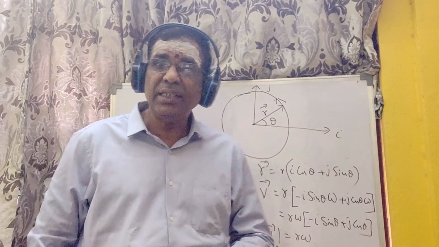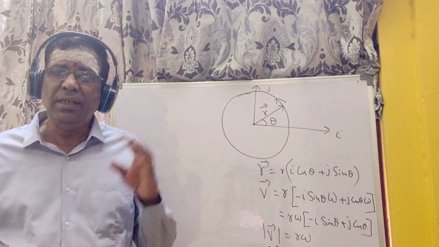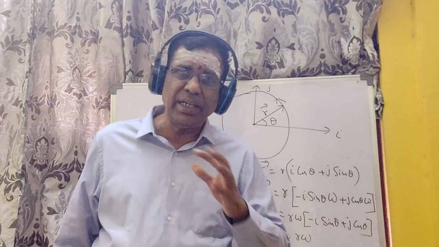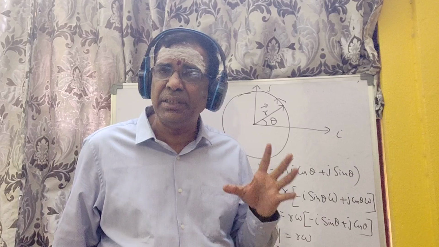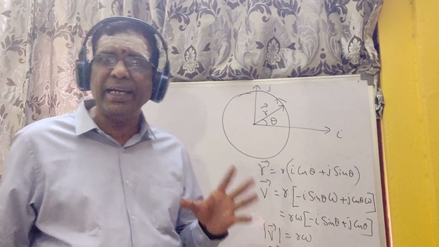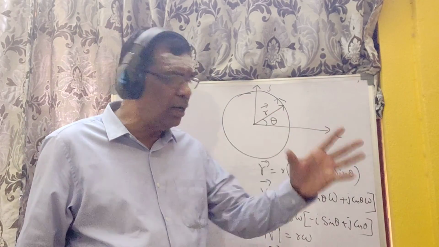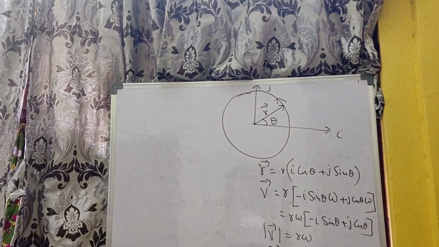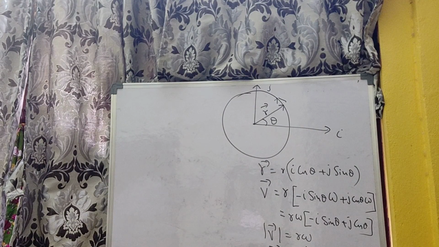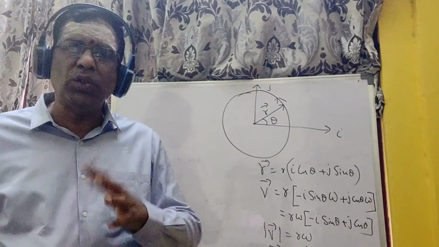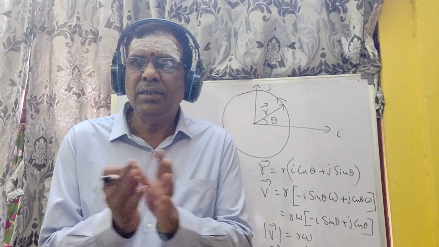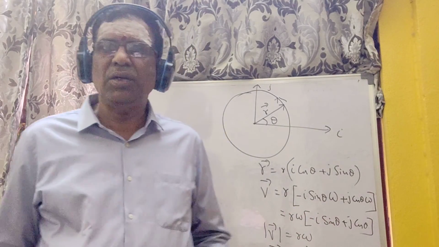One very important thing: if you recall some of my lectures when I spoke about angular displacement, I said the finite angular displacement cannot be treated as a vector. What was the reason? The reason was very simple, because it would not follow the commutative law of vector addition.